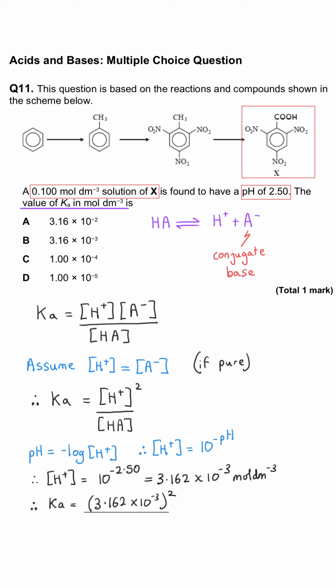Then if we plug that into the Ka expression on top, and the HA, which is this value 0.1 moles per decimeter cubed, onto the bottom, we get a value for Ka as 9.998 times 10 to the minus 5. Now that isn't any of our options, so we need to do some rounding to 2 decimal points, and that comes out at 1.00 times 10 to the minus 4. And so C is the correct answer.